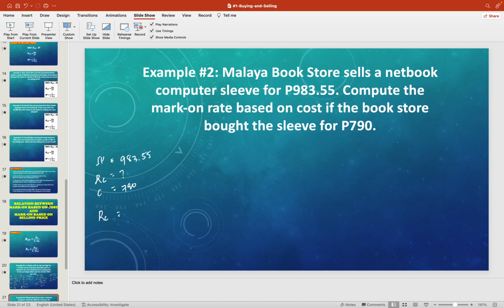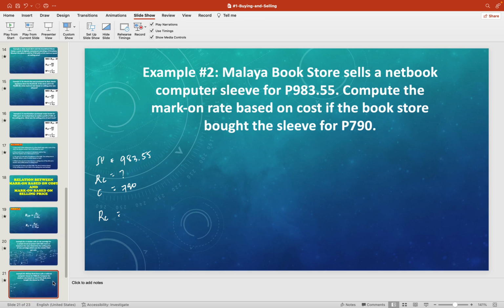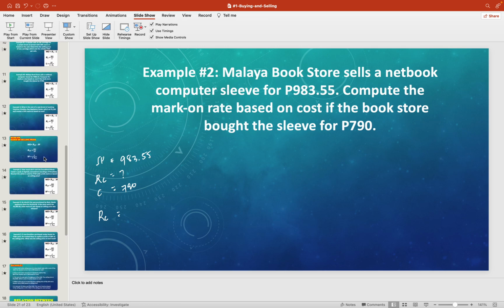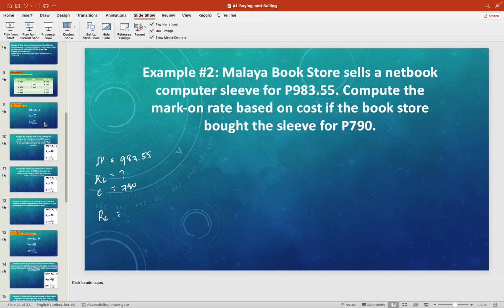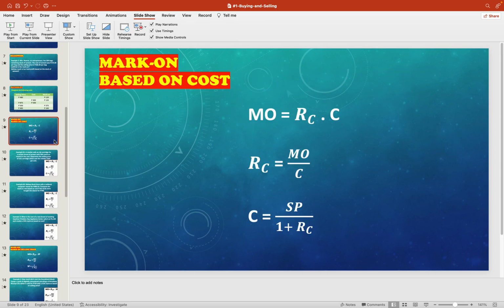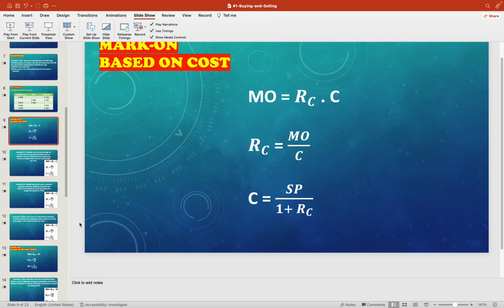So, we're looking for the rate based on cost, tas given yung cost sa selling price. Rate based on cost. Okay, so RC is equals to MOC.